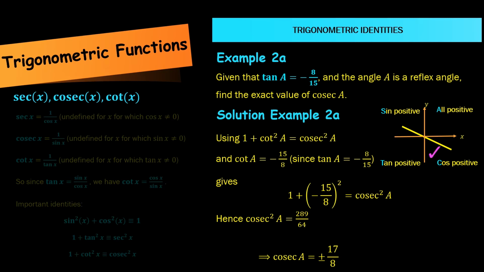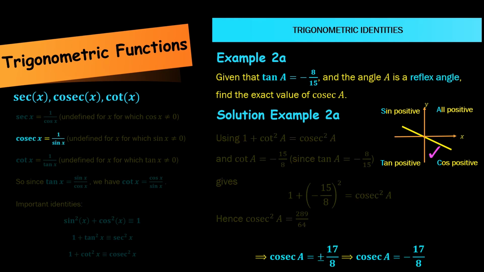However, we're only interested in reflex angles, since that's what's stated in the example, and therefore we're only actually interested in the fourth quadrant. And here we have that cosec equals minus 17/8, since in the fourth quadrant sine is negative, and therefore, of course, 1/sine is negative also.